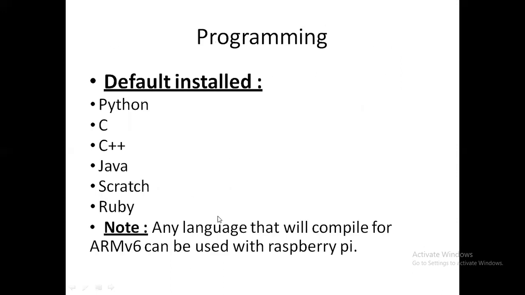Now coming to programming, as we have seen the requirements, the operating systems, and how we are going to set that up. You can write programs in any of these languages like Python, C, C++, Java, Scratch, Ruby, anything. The note here is that any language that will compile for ARMv6 can be used with Raspberry Pi.